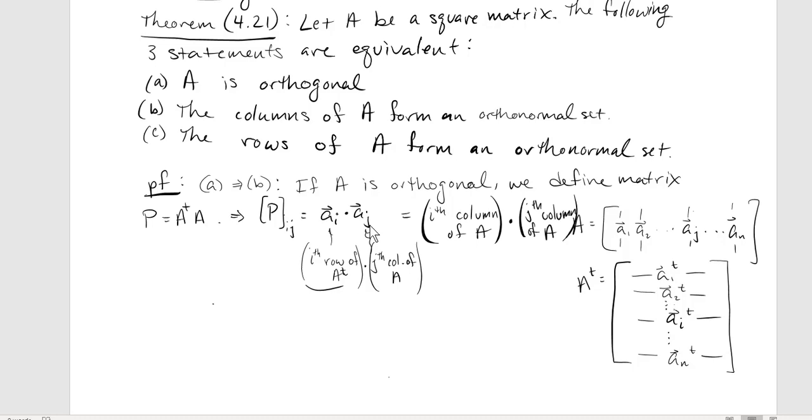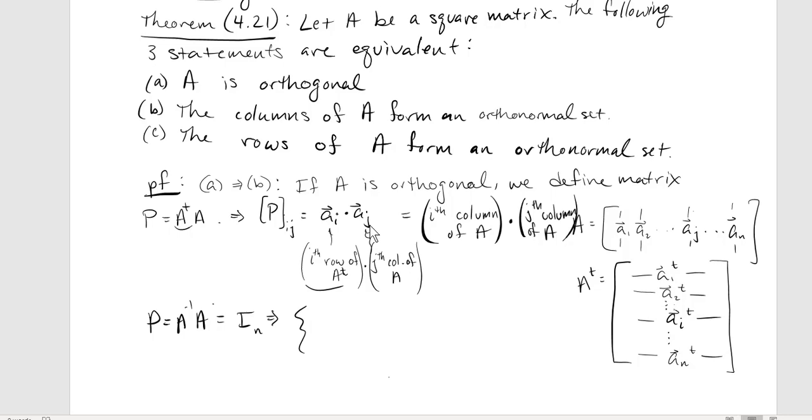But notice, since A transpose is just A inverse, and A inverse times A has to equal the identity, we know this P matrix is just the identity.